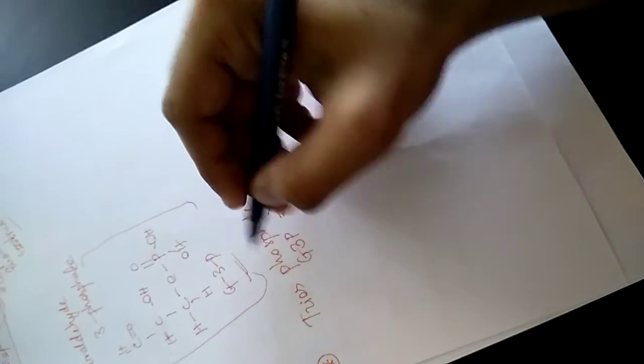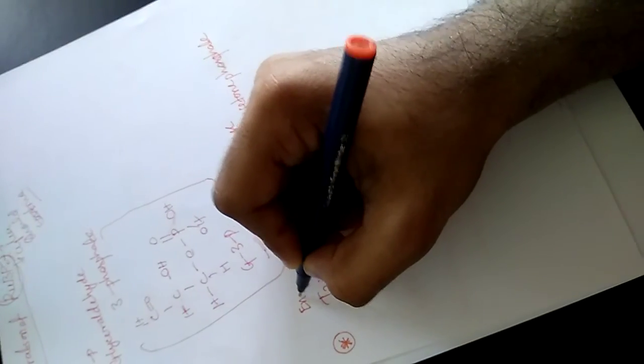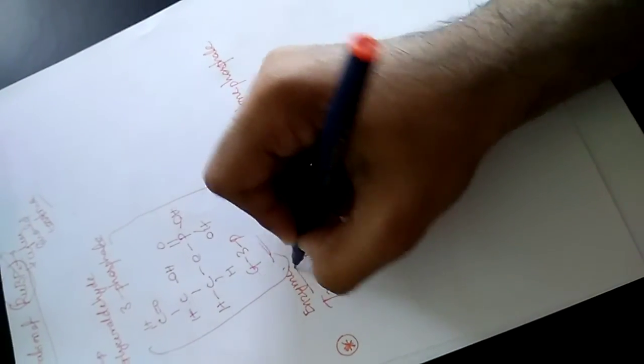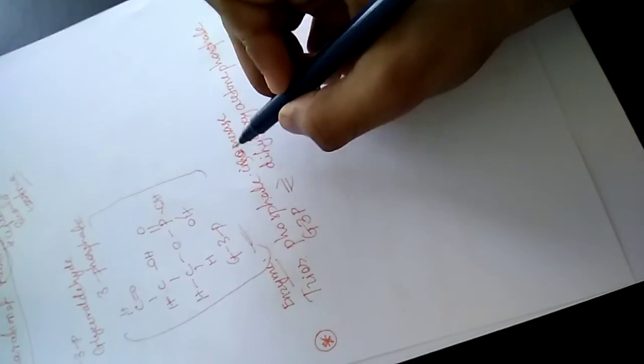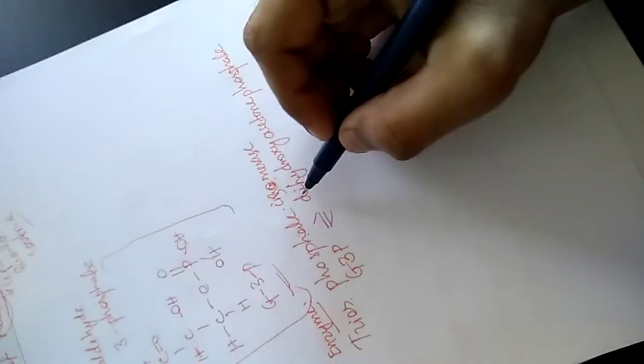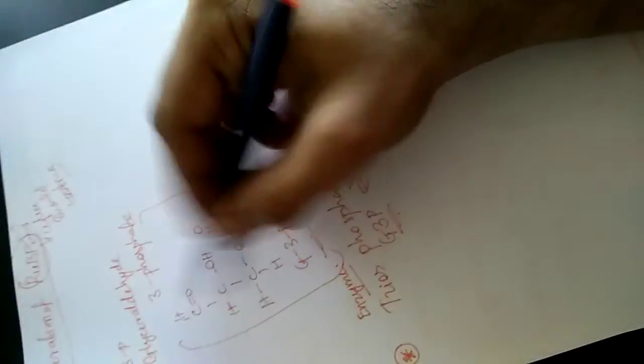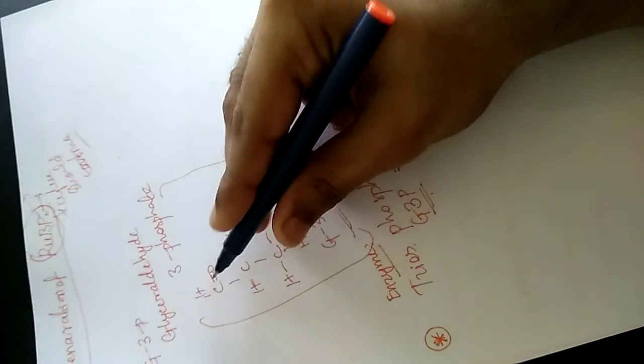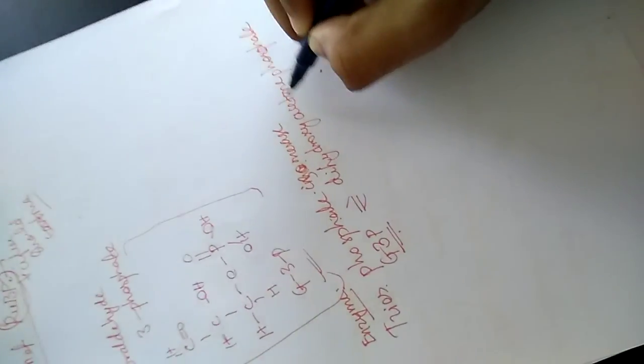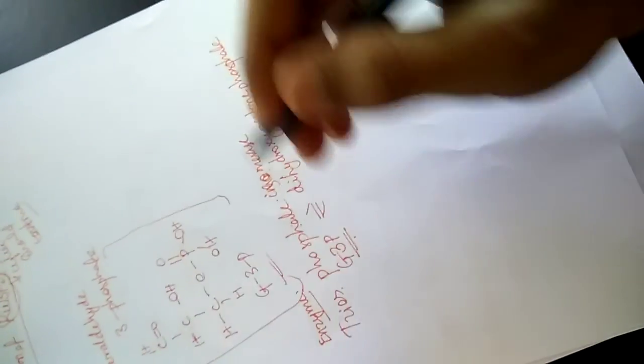Okay, the enzyme is the following. Triose phosphate isomerase is the enzyme which converts this G3P, glyceraldehyde 3-phosphate, to dihydroxyacetone phosphate. So what's the structure of this dihydroxyacetone phosphate? Let me write down the structure.